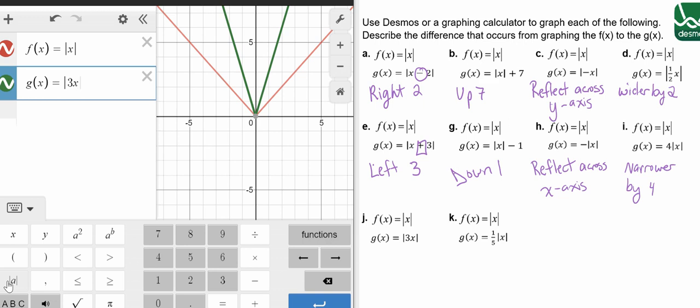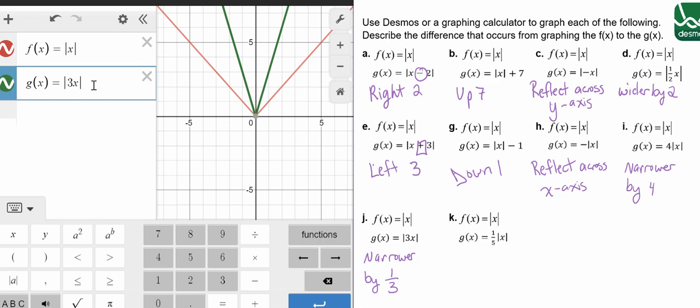This one isn't quite as skinny as what we just did, but it's still narrower than letter D, even though our number was on the inside. So here we're able to say that this is narrow by a value, and because our 3 is on the inside, we're going to take its reciprocal, which is 1/3. So it's narrow by a factor of 1/3.